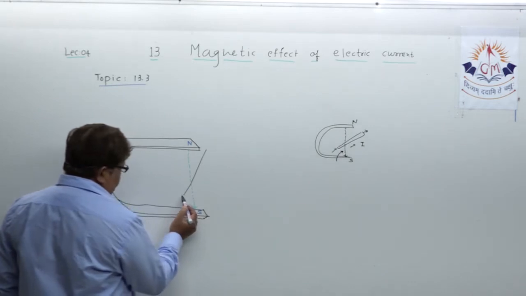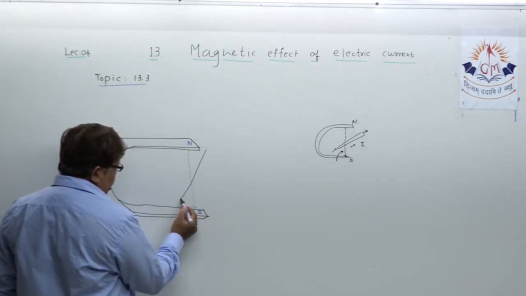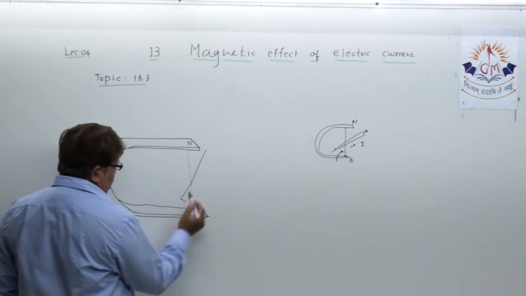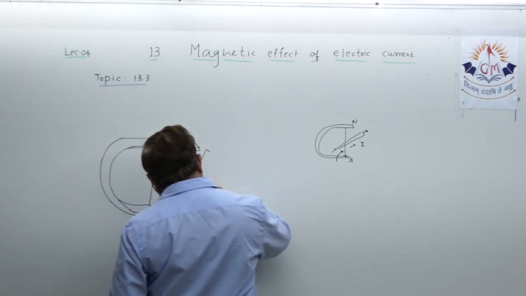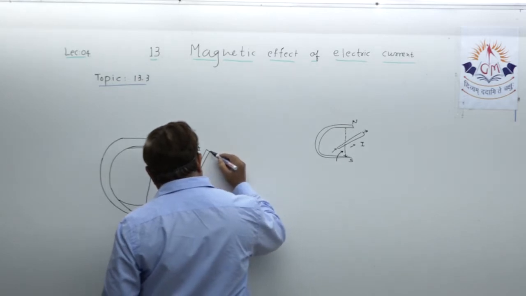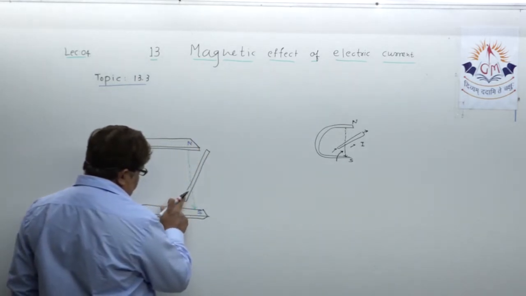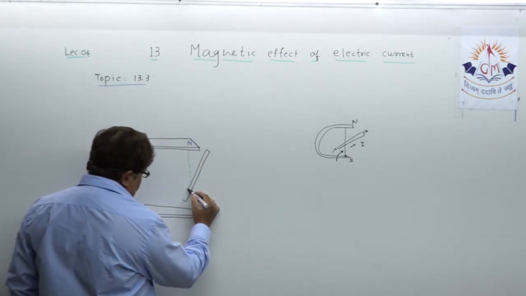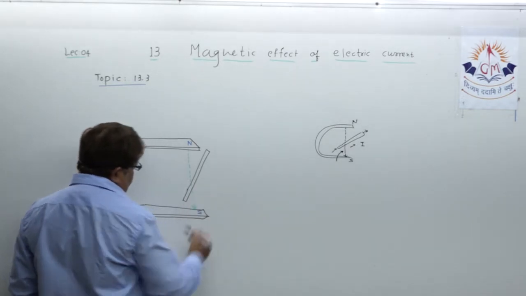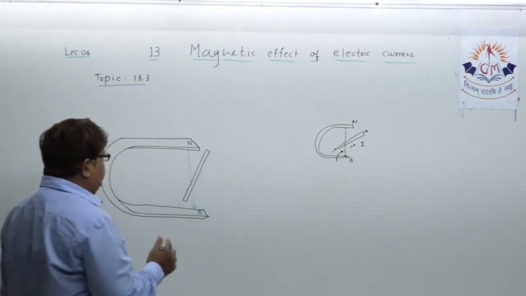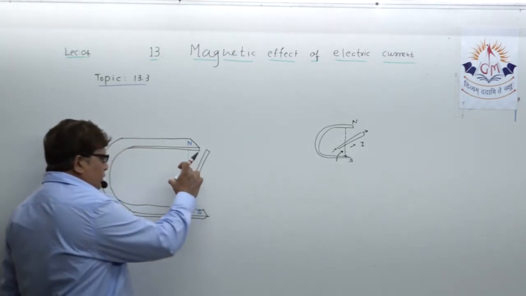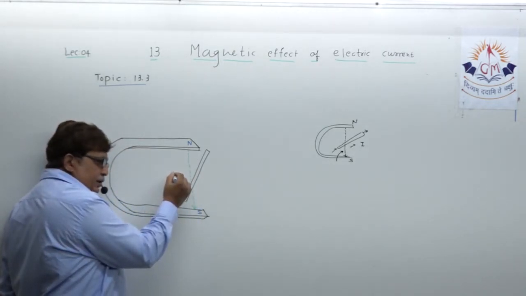Suppose this is a conductor, which is actually placed in the magnetic field.